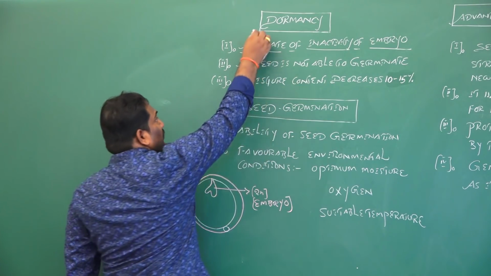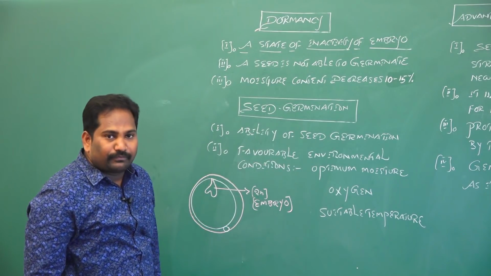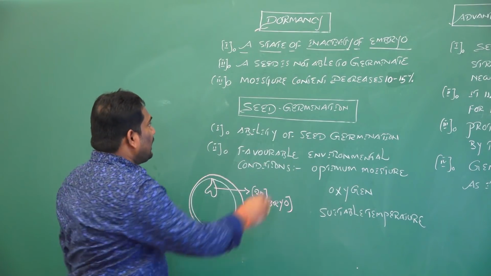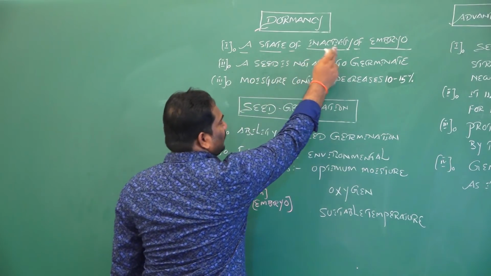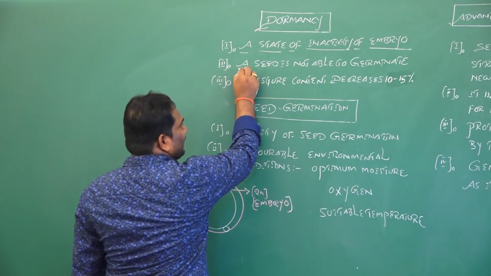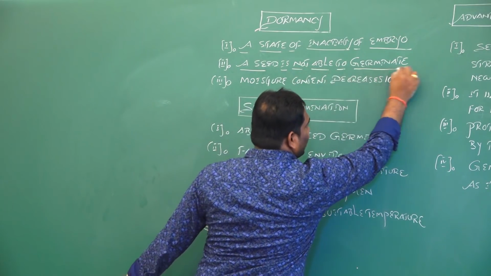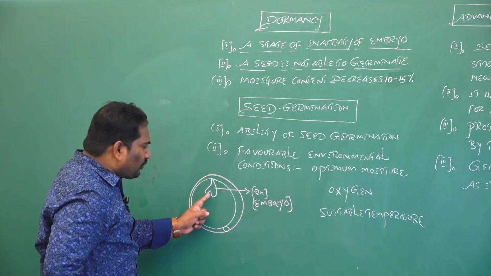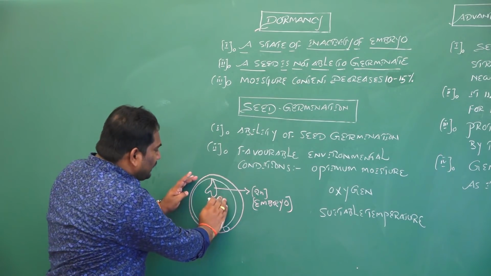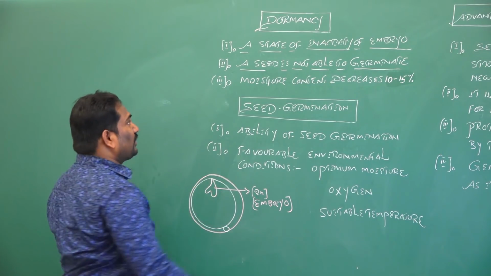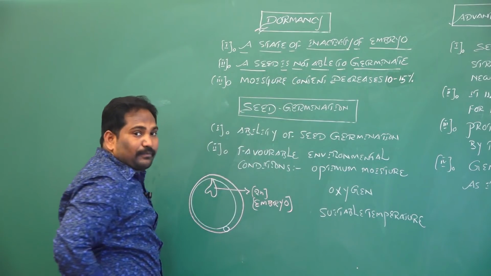Such a phenomenon is called dormancy. Dormancy means a state of inactivity of the embryo, so the seed is not able to germinate.